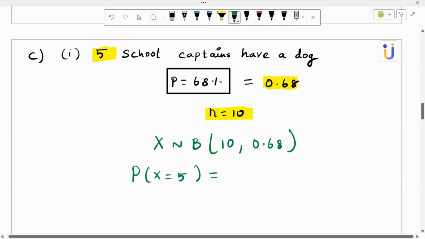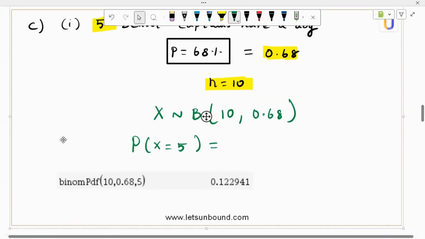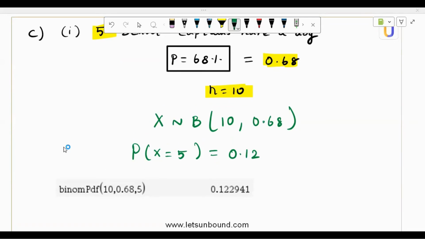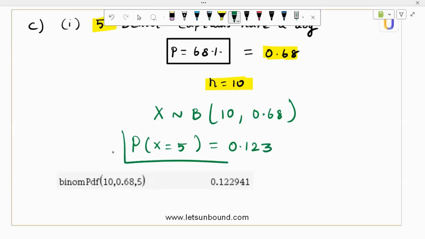And this is the result I have, 0.12 is fine, or 3 significant figures, anything can be. So this is the result of the first part. Hope it is clear. Now, that's simple. Now we have 2 more questions based on the same. Go with 3 significant figures.